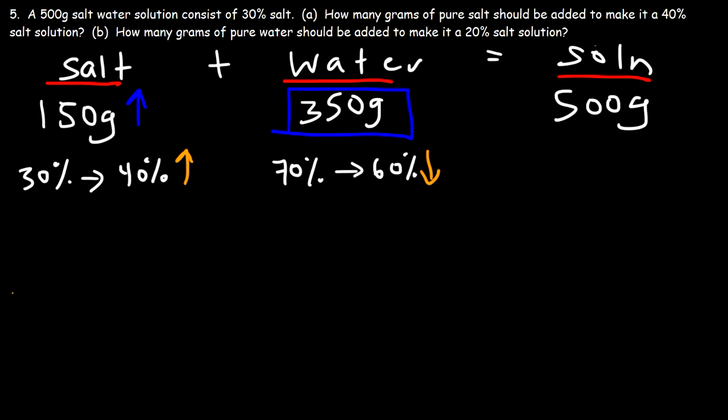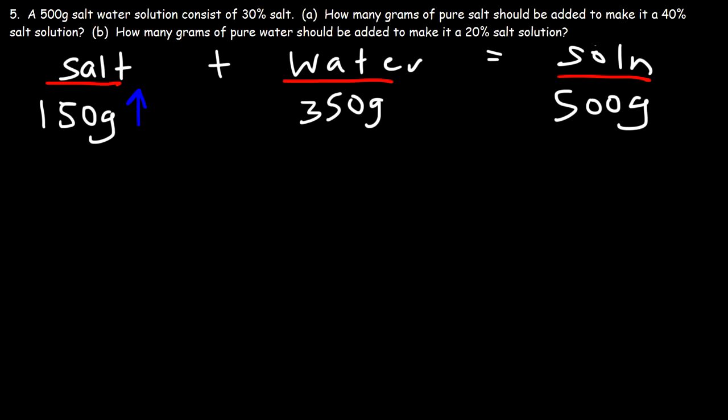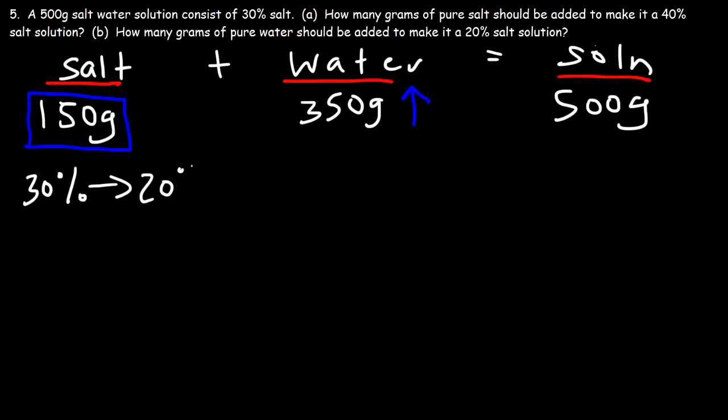Now for this particular problem, we're going to add water to the solution. And so the mass of the water is going to increase, but the mass of the salt in the solution will stay the same. Now the percentage of the salt, even though the mass of the salt is remaining the same, the percentage will go down. Initially, it's a 30% salt solution, but we want to dilute it to a 20% solution.